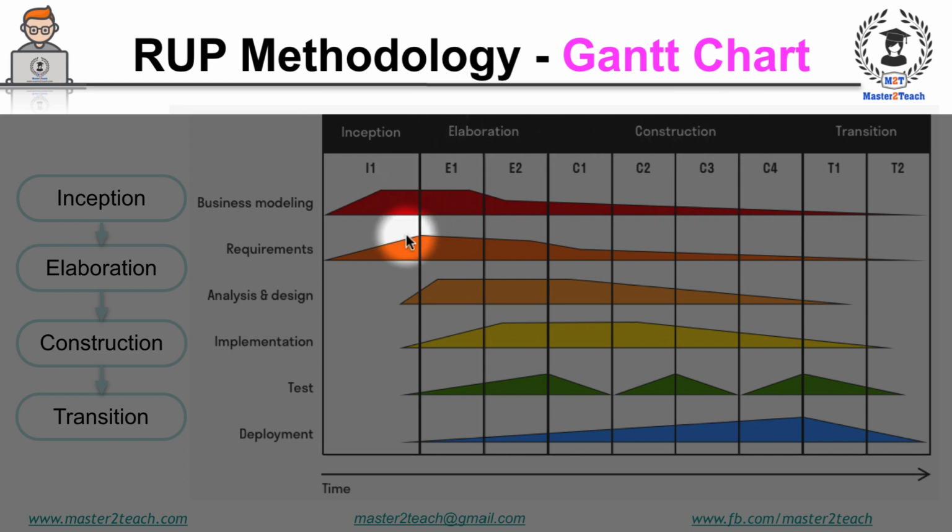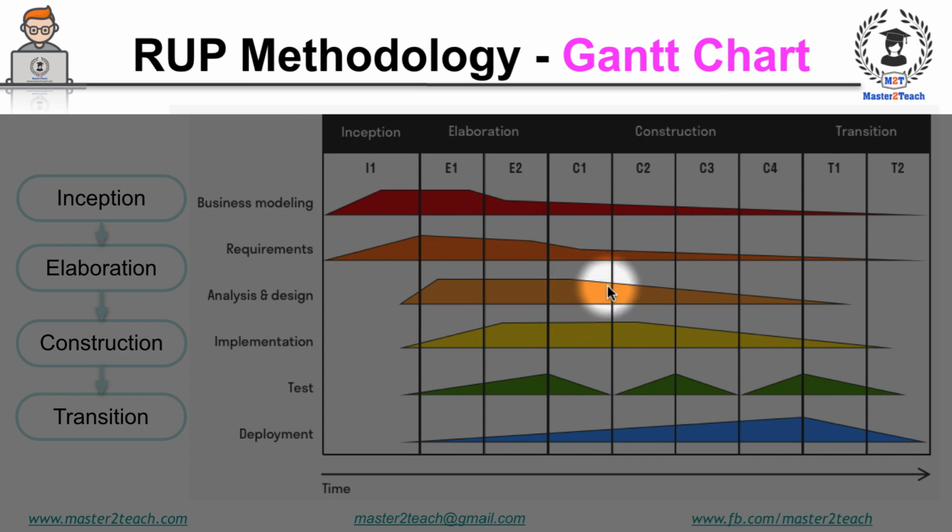So for tasks like business modeling and requirement gathering, the workload will be heavy in the inception phase and slowly reduce in the further phases. Similarly, analysis and design work is especially done in the elaboration phase, but you can see it has already started from the inception phase, and the heavy workload or main job is done in the elaboration phase.